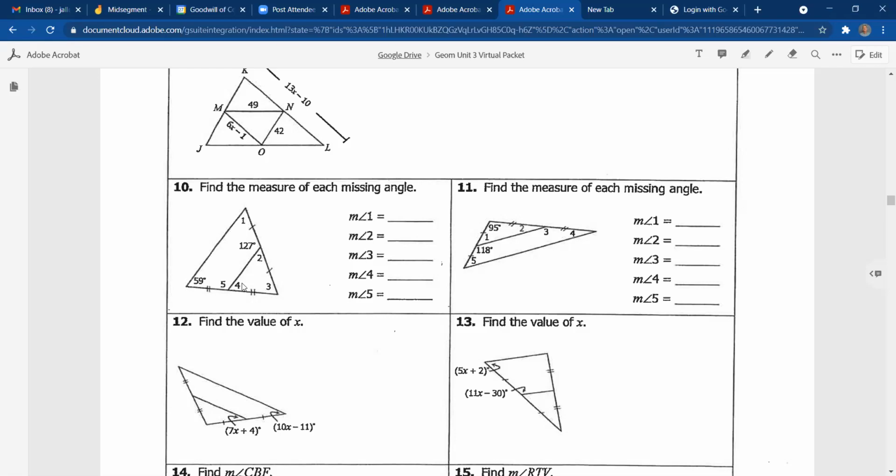All three of those are going to give you congruencies. The fourth one is consecutive interior. That gives you 180. Plus, you're probably going to be dealing with linear pairs. So, again, keep your notes handy. None of this stuff that we've done so far is throwaway.